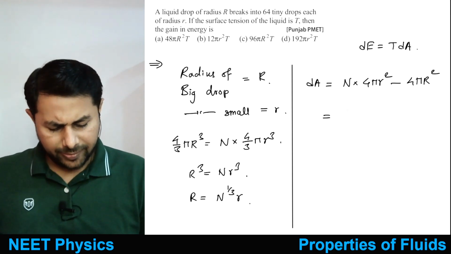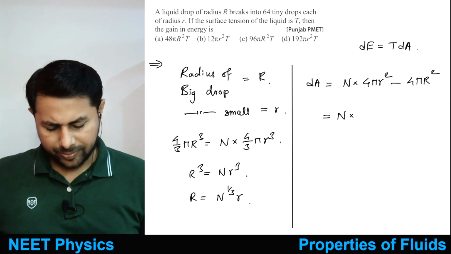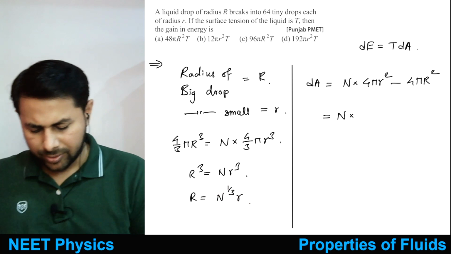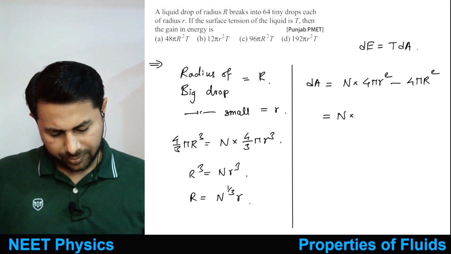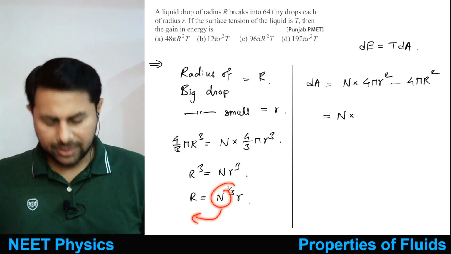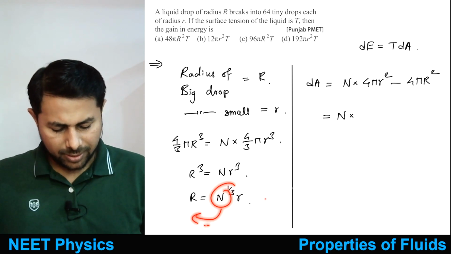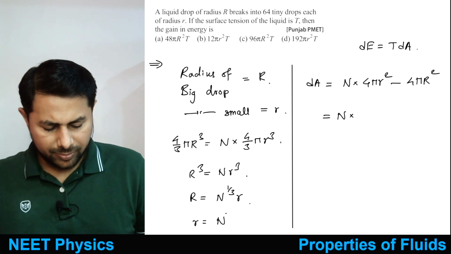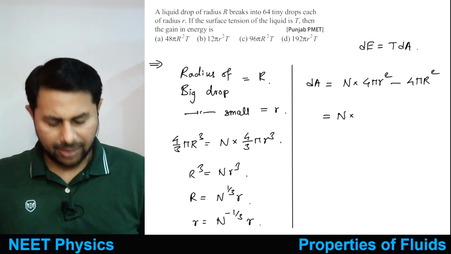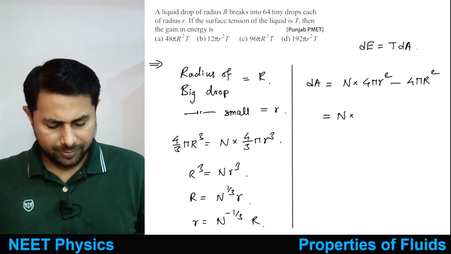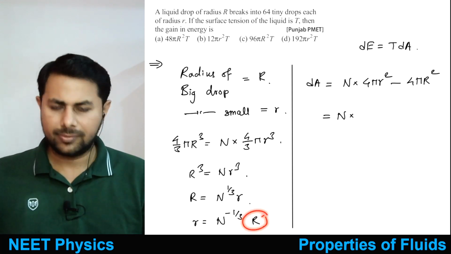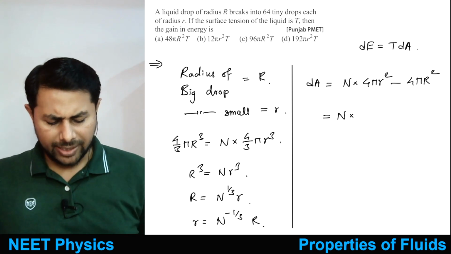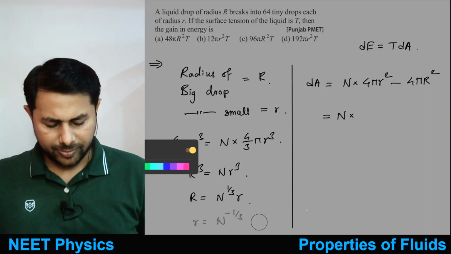You can take this on the other side, because small r will be equal to n raised to minus 1 by 3 times capital R, or we can substitute this thing also, no problem.